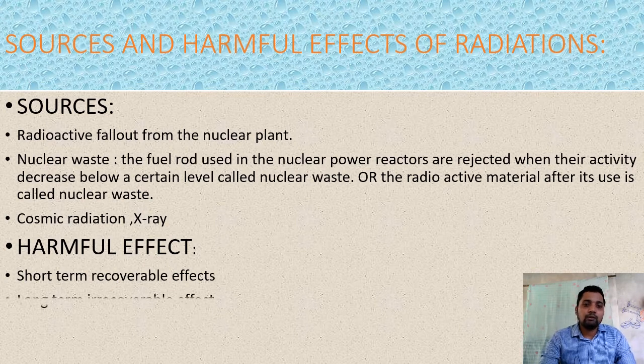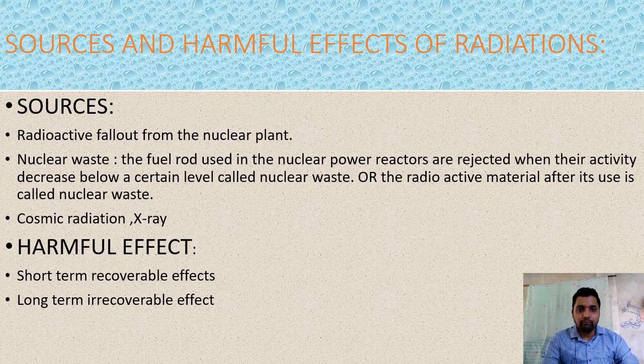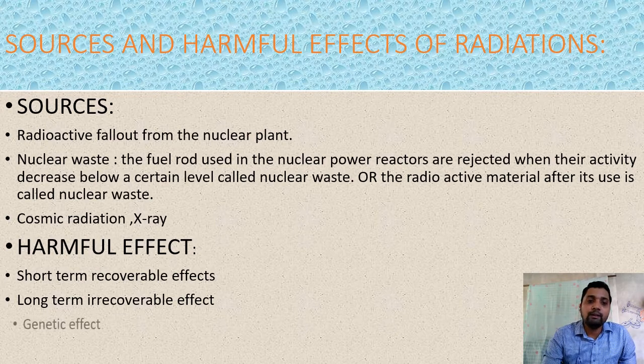But there are long-term irrecoverable effects, meaning due to this type of radiation, sometimes a disease like leukemia will come, which is very difficult to sort out and very difficult to cure. Another one, the most important one, is genetic. Genetic means the problem starts in one generation and continues from one generation to another, which is permanent.